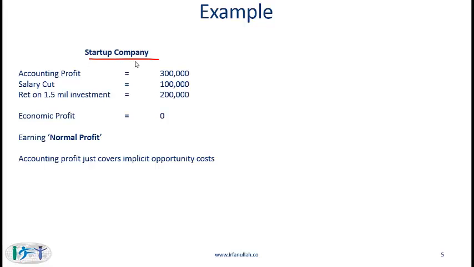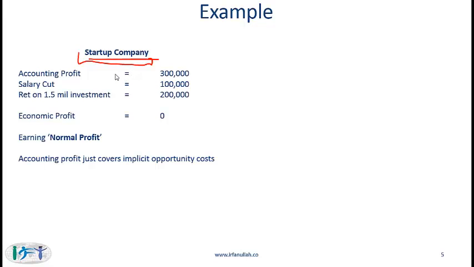We'll first take a startup company, and let's say that you are running this company. You generate an accounting profit of 300,000. This is based on your total revenue minus explicit accounting costs. It turns out that to run your own company, you are taking a salary cut.